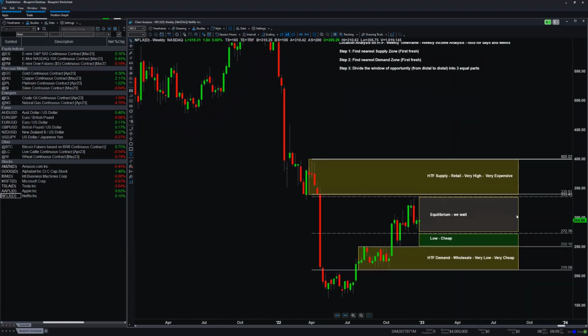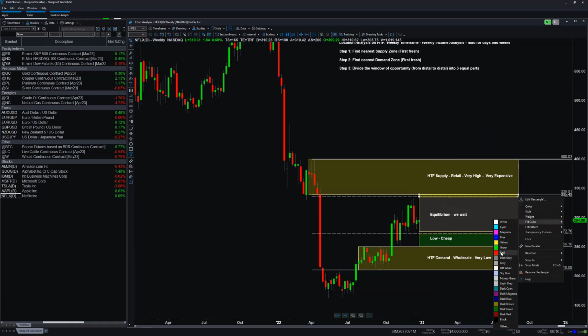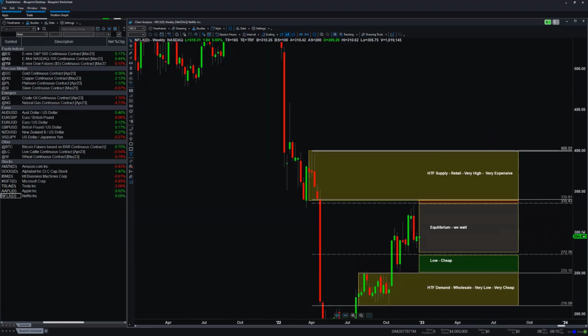And as I look at expensive, there's only going to be a very small part of it, which is from here to here. That part is going to be my high or expensive part.